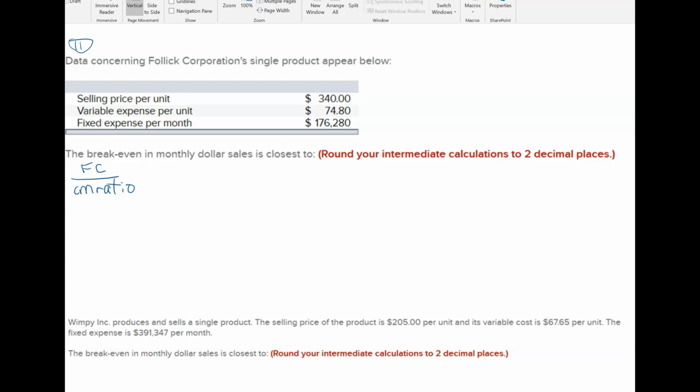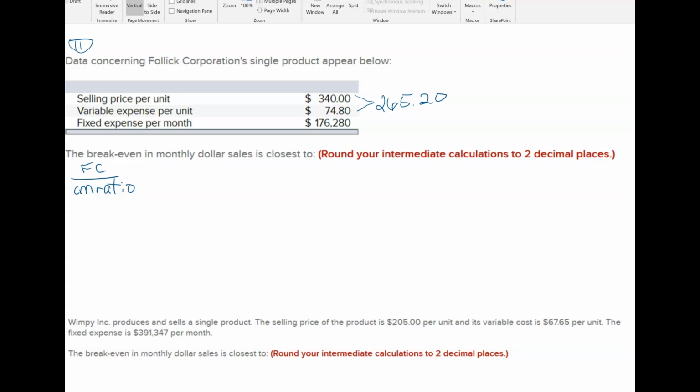So we're going to do the same as we did with number 10. We need to calculate the unit contribution margin. The contribution margin is selling price minus variable expense. So take the 340 minus the 74.80, and that is 265.20.